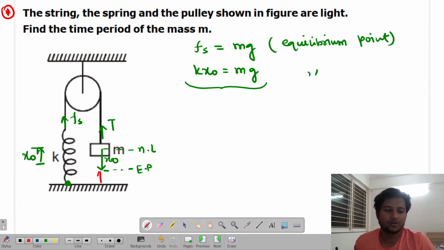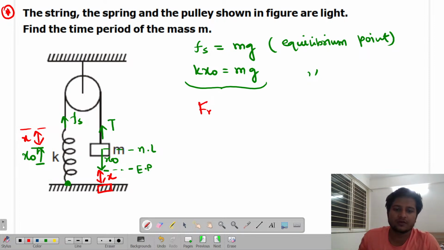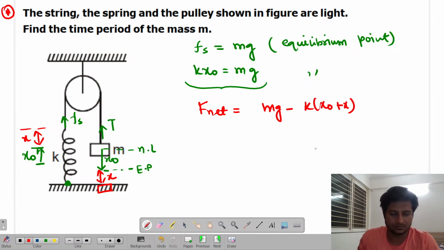Now from the equilibrium point it gets displaced by a distance x. So the spring will also be stretched by a distance x, isn't it? Yes, so basically the F net equation will be mg minus k(x naught plus x). Spring force will be k(x naught plus x), so mg minus k(x naught plus x) will be F net.